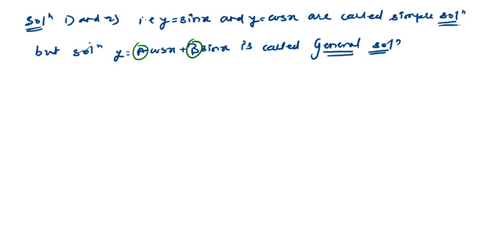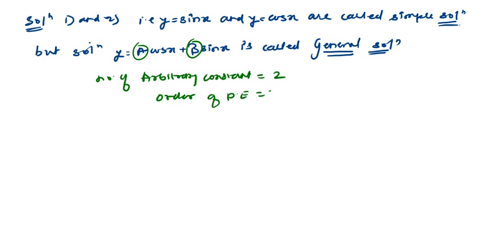And one more thing you can observe here: the number of arbitrary constants. How many arbitrary constants are there? 2. And also, if you observe, the order of our differential equation was also 2.